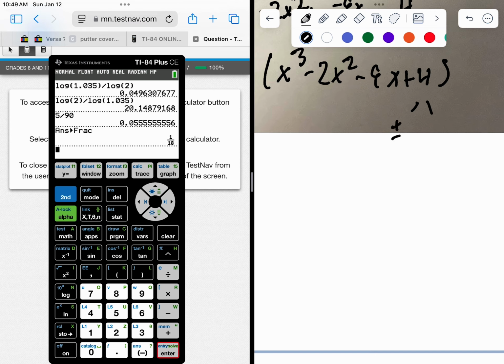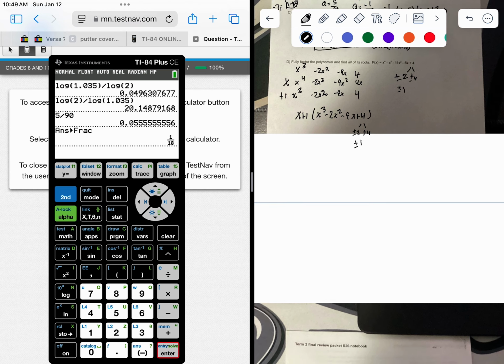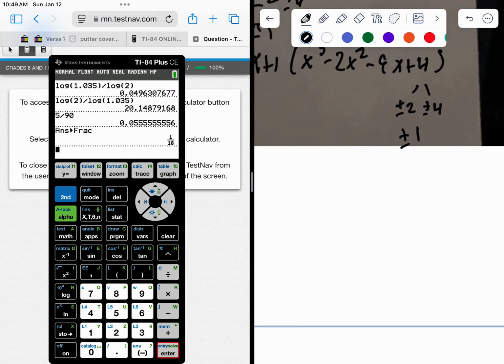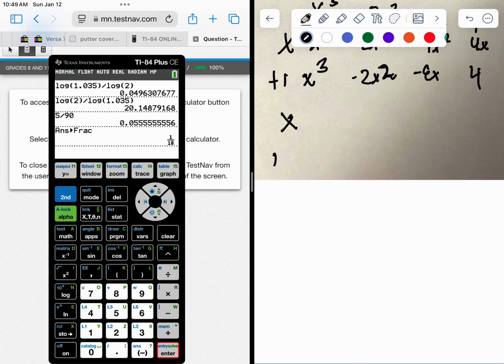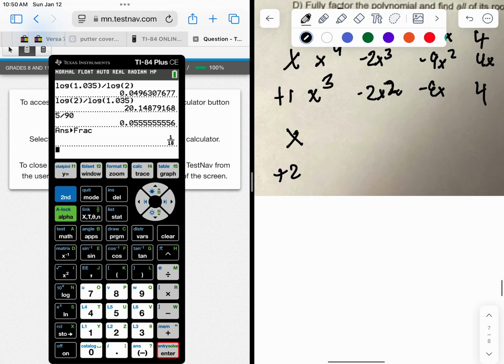Do plus minus 2, plus minus 4, plus minus 1. Alright. And we're going to shrink it down so I have room to write. Plus minus 2, I'll just pick x plus 2. It might not work out. Hopefully it works out. Got lucky the first time. X third, x squared, 2x squared.